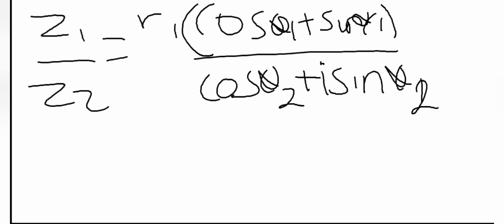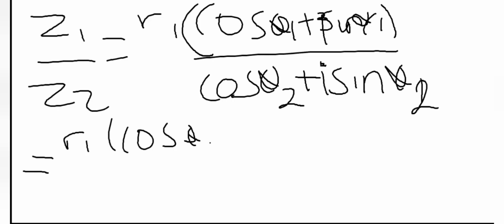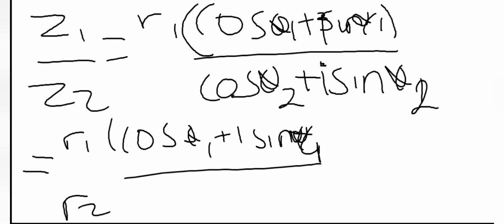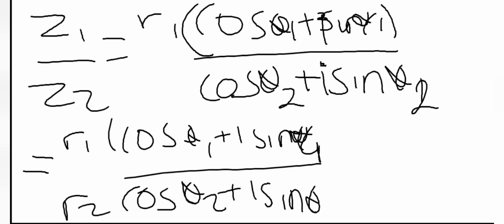Here we have an I, and here we have an I. So the resulting thing here, let me write it this side, we have R1 over R2 times cos theta 1 plus I sine theta 1, over cos theta 2 plus I sine theta 2.